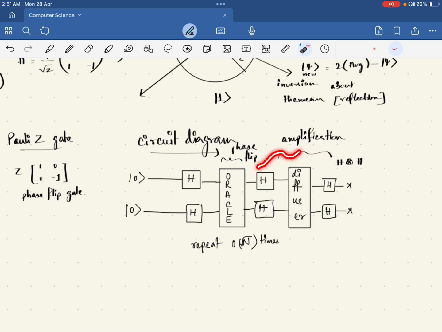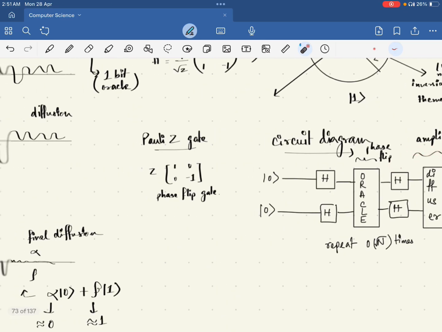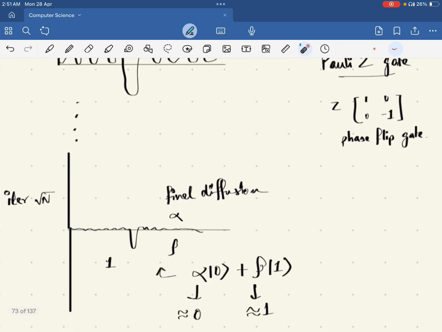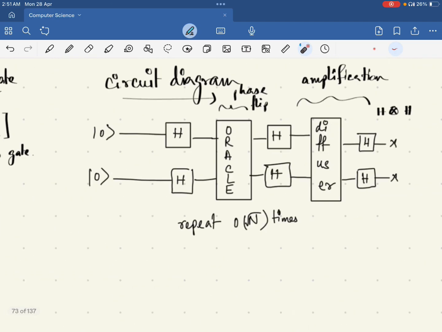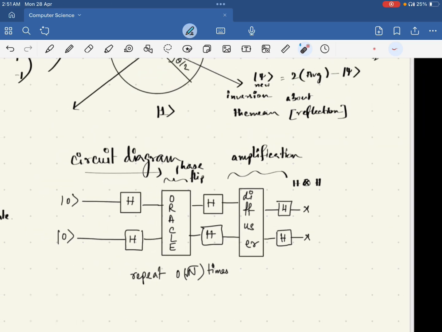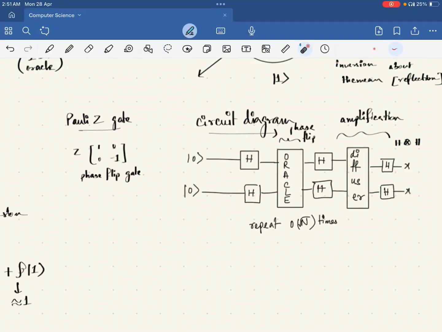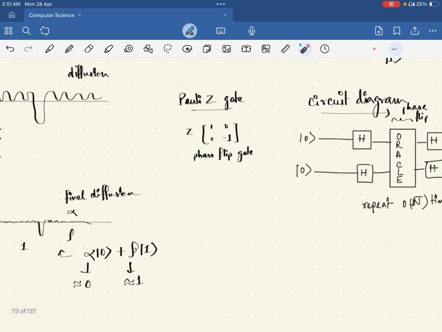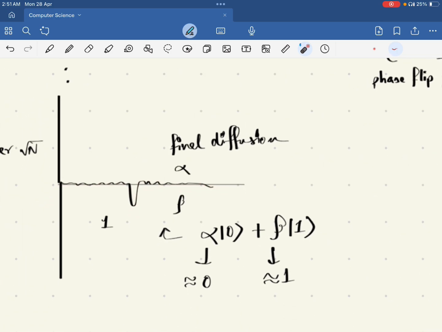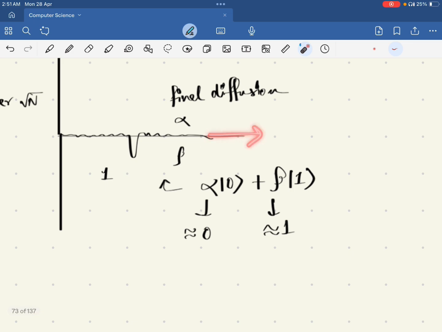Both these parts make the final diffusion. These two together amplify the target's amplitude and decrease the amplitudes of those which are not our targets. So the final diffusion looks somewhat like this.